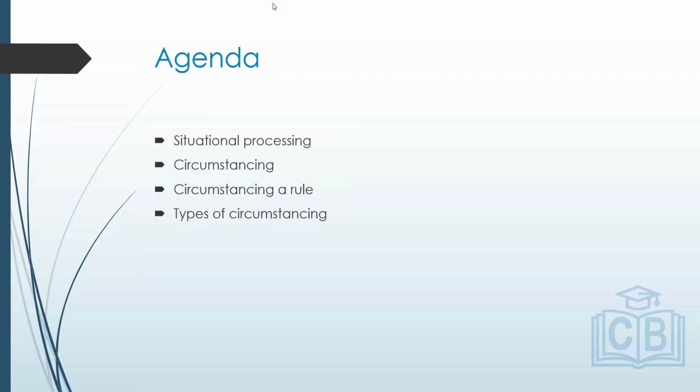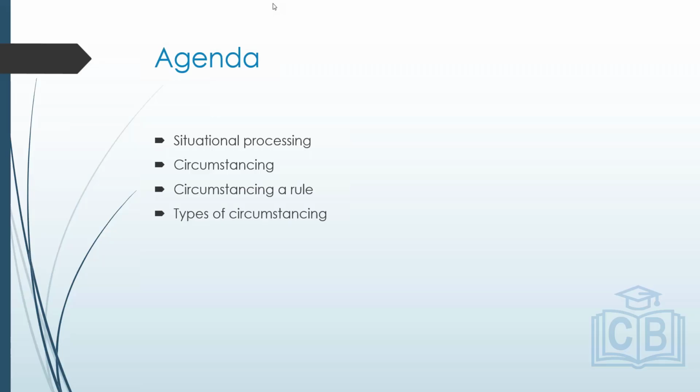If you remember, we were talking about rule resolution. It has a lot of steps where one of the important factors is circumstancing. It will check whether there's any circumstancing template for that rule. And then that is also given an important weightage. Right? Yes.